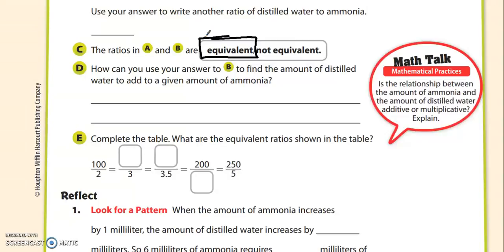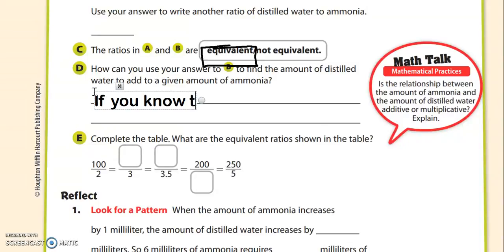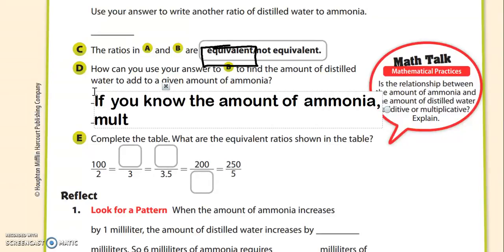Question D reads, how can you use your answer to B to find the amount of distilled water to add to a given amount of ammonia? Well, if you know the amount of ammonia, multiply it by, and what you need to notice here is that if you had 1 mL of ammonia, you could multiply it by 50 to get the amount of water.